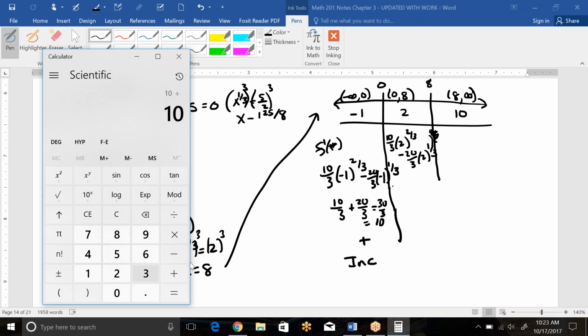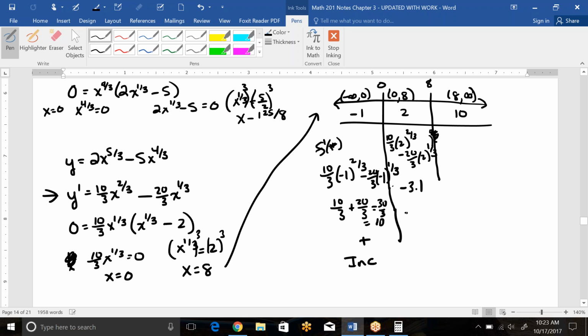You have to be really careful with these calculators on the computer. They don't always do the order of operations the way you think they would do it. So just extra parentheses are always helpful. Okay, that's that. And then minus 20 divided by 3 as a fraction times 2 to the 1/3. Okay, and this comes out to negative 3.1, so this is a negative region, which means it is decreasing.